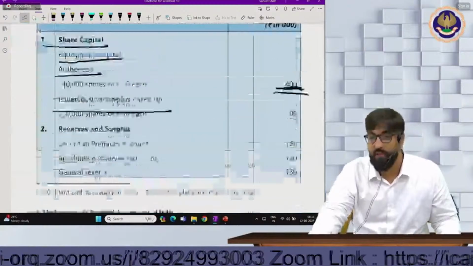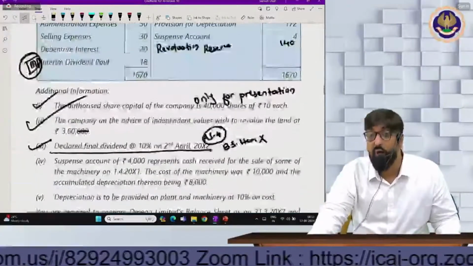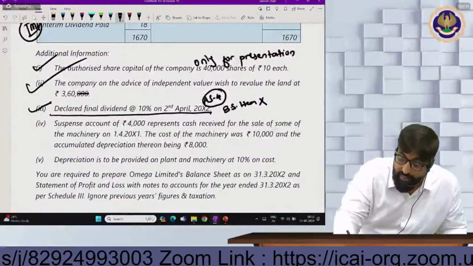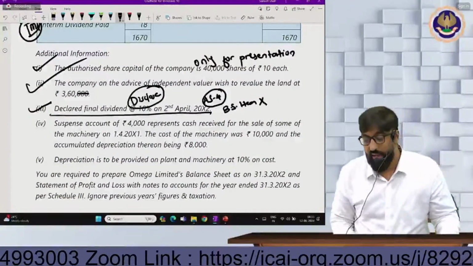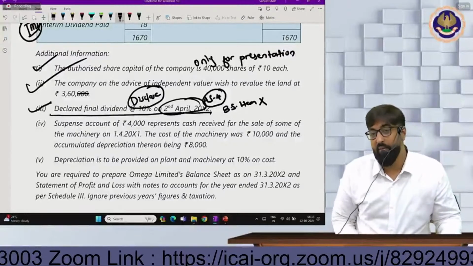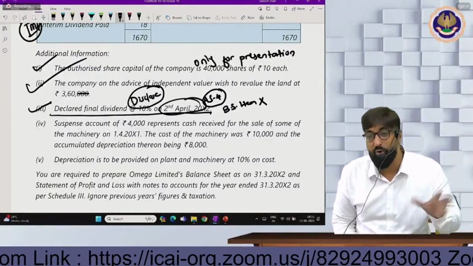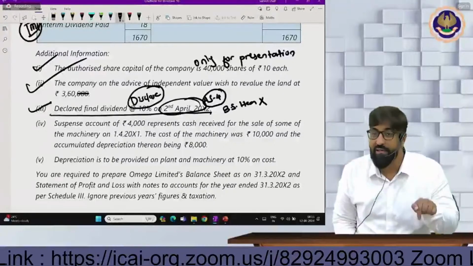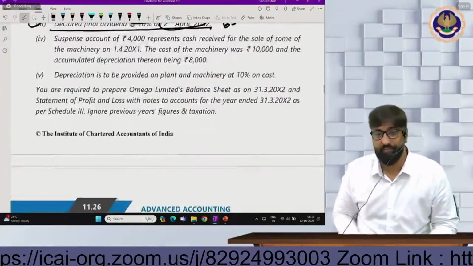Okay, so this note will carry 1 mark. So you do not have to update your trial balance, only disclose it as the date is given. And if it is in the AGM, then it is not an event which occurred after the balance sheet date, so there was no need to give a note either. But the date is mentioned, and therefore we have to write it in the notes.